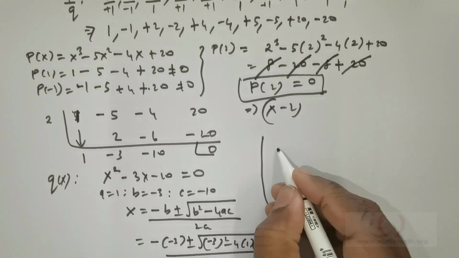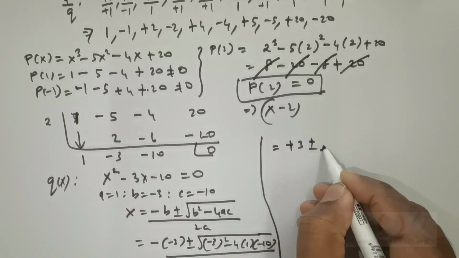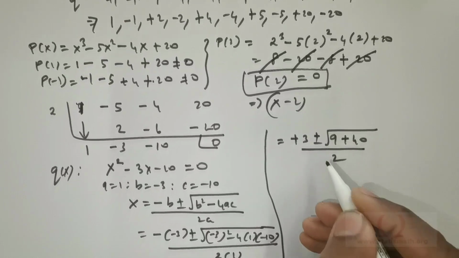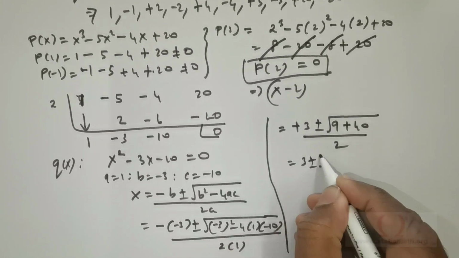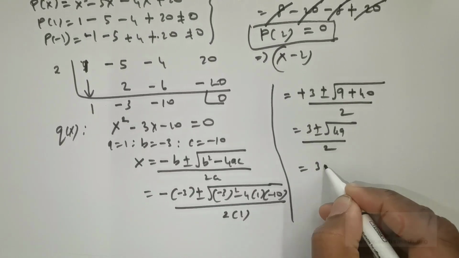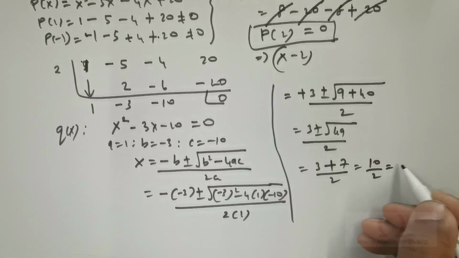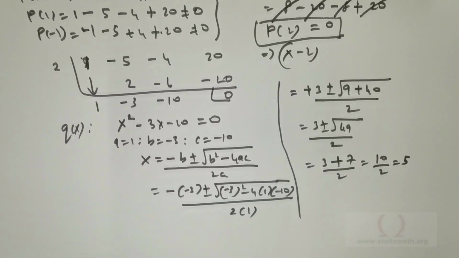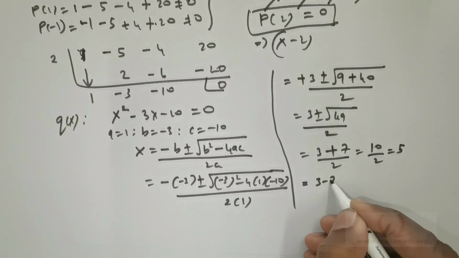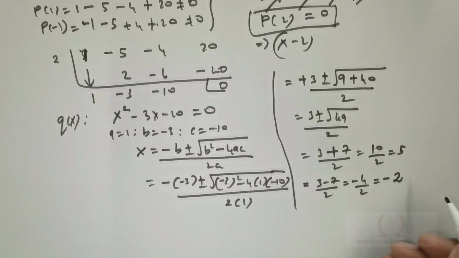So this is going to be 3 plus or minus the root of 9 plus 40, divided by 2. That is 3 plus or minus the root of 49 divided by 2, which is 3 plus 7 divided by 2, 10 divided by 2. This gives me 5. Or 3 minus 7 divided by 2, -4 divided by 2, which gives me -2.